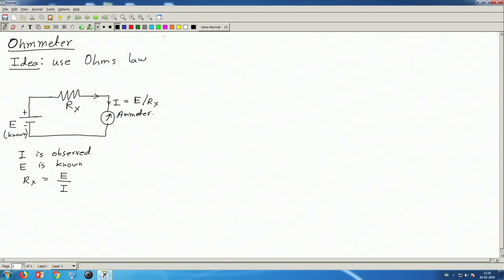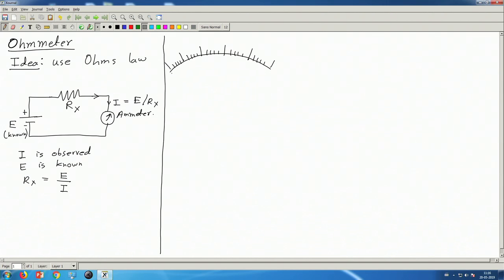Okay. So, first thing we will discuss is how the scale of this meter would look once it is marked in terms of resistance or ohms. So, say this is an ammeter.